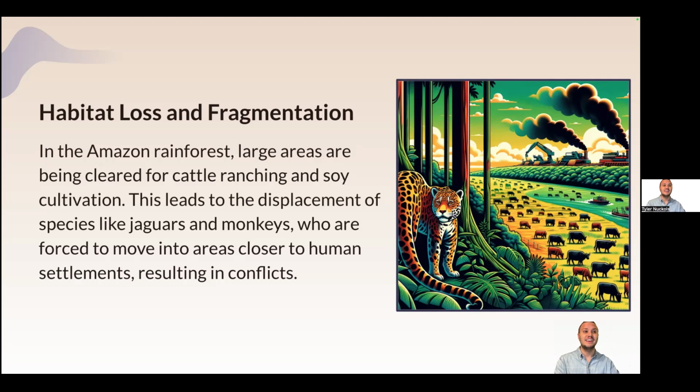So we see this a lot in the Amazon rainforest currently, where you have this sort of gradual clearing of forest for livestock grazing land, which brings humans into contact with jaguars, primates, many other species, resulting in more conflict as these human communities settle in these lands, but also as these animals like jaguar take down livestock and cause losses for ranchers in this region.